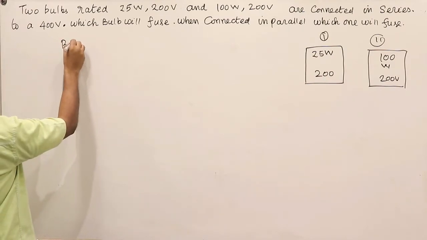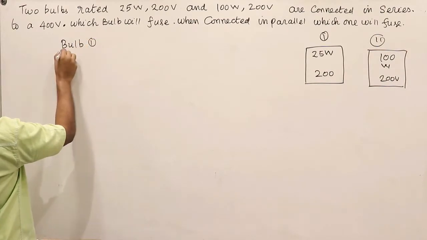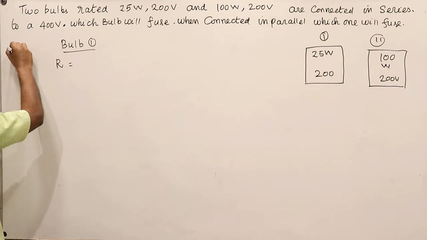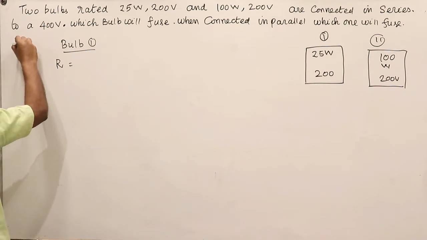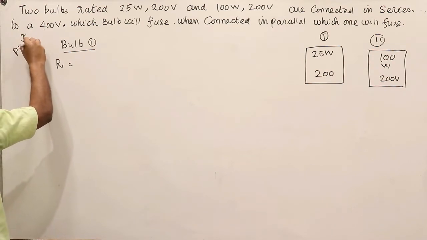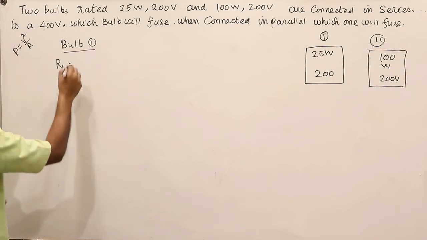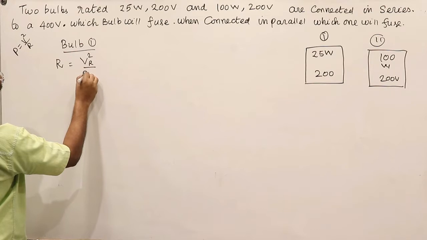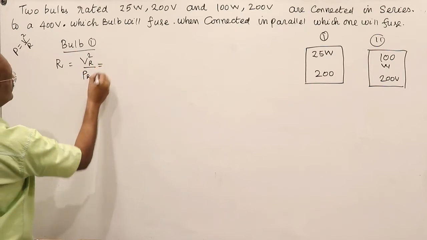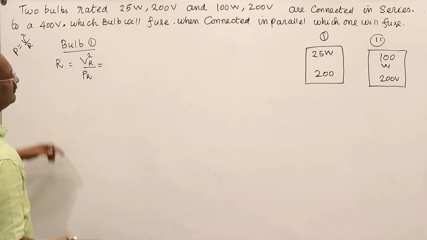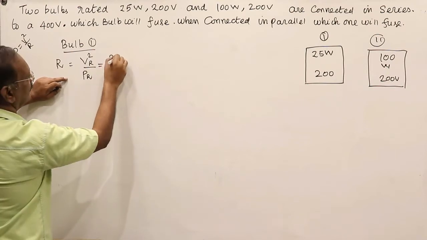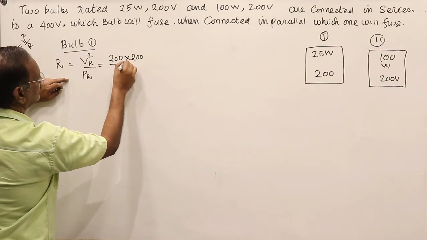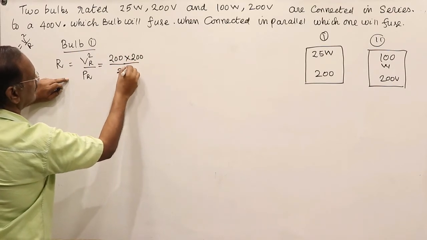For bulb 1, since power is equal to V square by R, resistance is equal to V rated square by power rated, which is equal to 200 into 200 divided by 25.